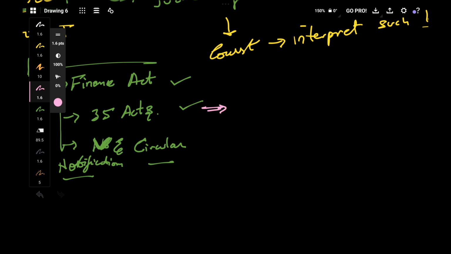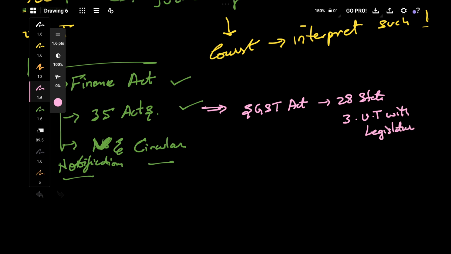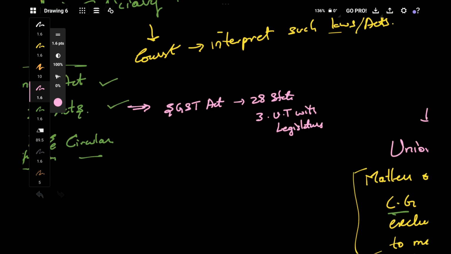There are 28 states in India, and each state has its own SGST Act. We also have 3 union territories with legislature, meaning those union territories have their own assembly.